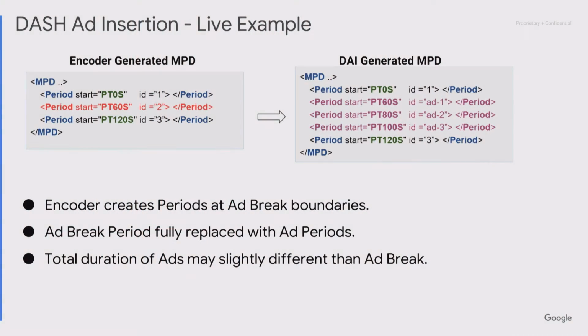So this happens at runtime, where we decision enough ads to hopefully fill up the break, but then we have slate at the end to see if we can compensate for any time differences. So in actuality, the total duration of our ads may be slightly longer than the total duration of the ad breaks that are actually being replaced.